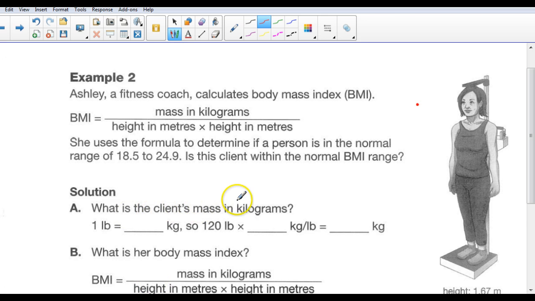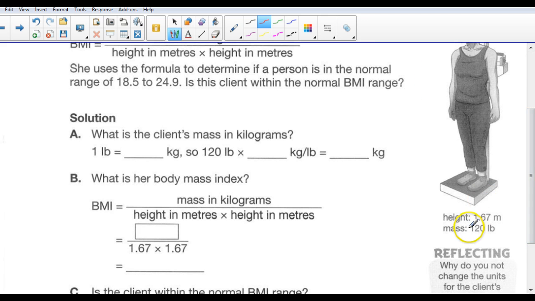Okay, so to do that, we have to look at the information that's given to us first. First of all, her height is already in the SI system. It's given to us in meters. It's 1.67 meters, so that's great. We've got the first part of the formula, the height in meters, but we need her mass in kilograms, and right now her mass is in pounds. So the first thing we need to do is we need to convert her weight or her mass in pounds to kilograms.